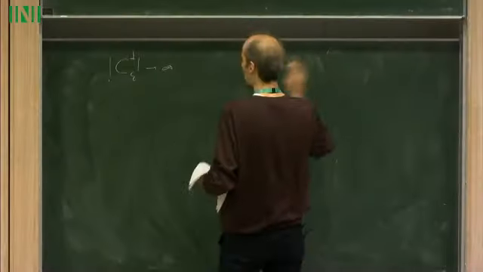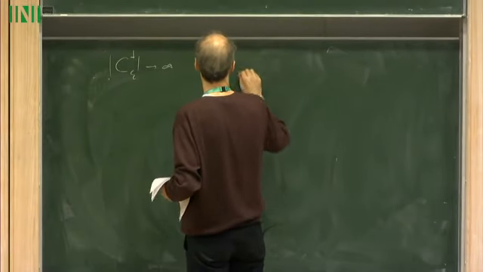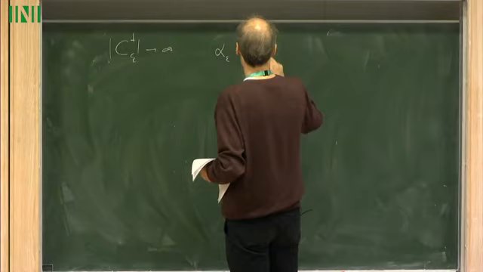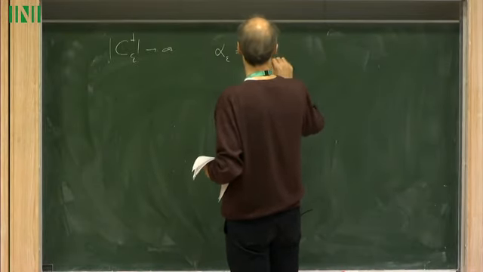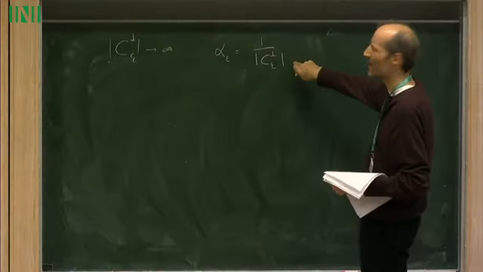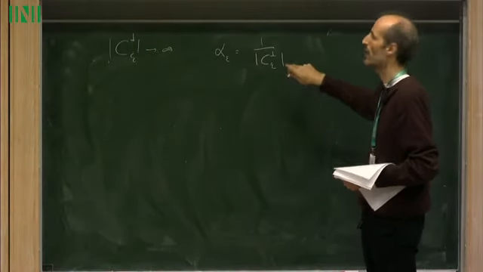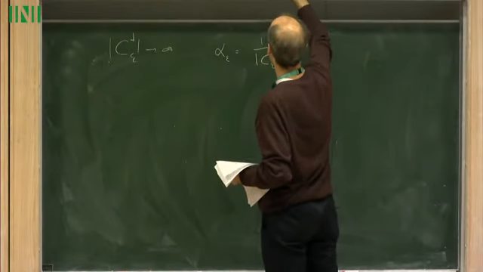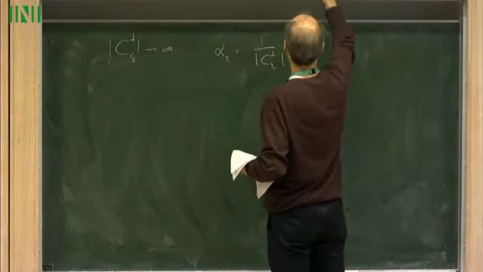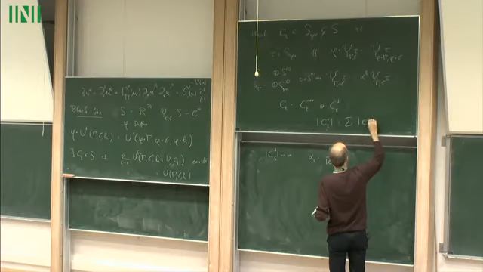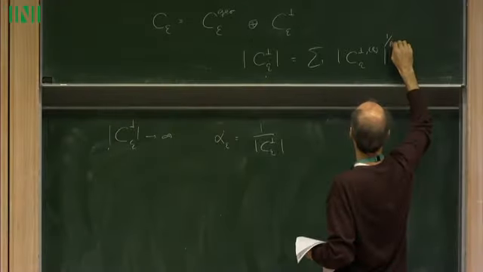So then what I do is I write alpha epsilon to be 1 over the norm of this C epsilon perp, but where here I take a homogeneous norm. Okay, so I say the homogeneous norm of this guy is actually the sum of the norm of the kth component here, but to the power 1 over k.